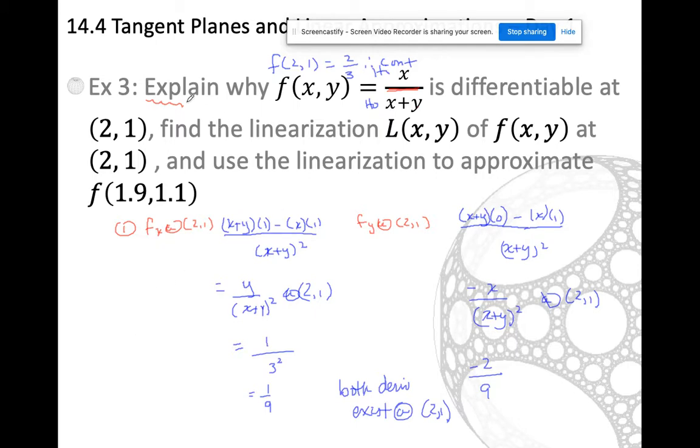So that's all I want for explain differentiable. I want to see the derivatives and that you say both the derivatives exist. And I want to see that you plugged into the function and tell me the function is continuous there, right? You can see obviously that the only place I'm going to have issues is when x and y are 0. So 2, 1 is fine. Tell me those things, therefore differentiable.